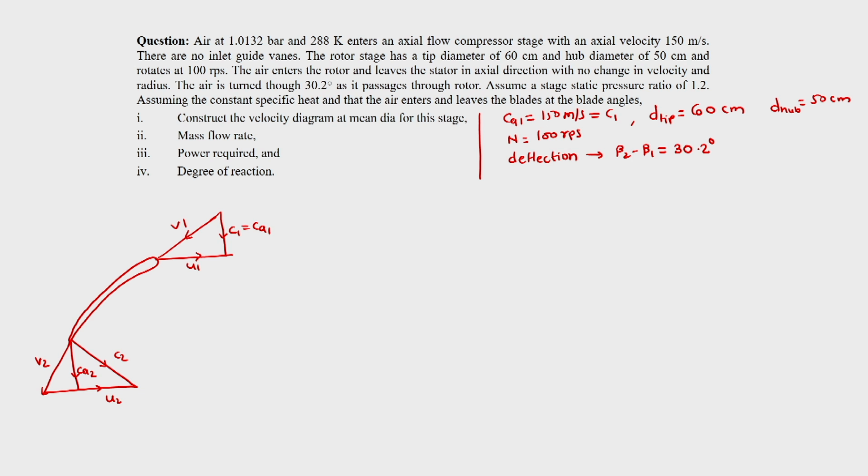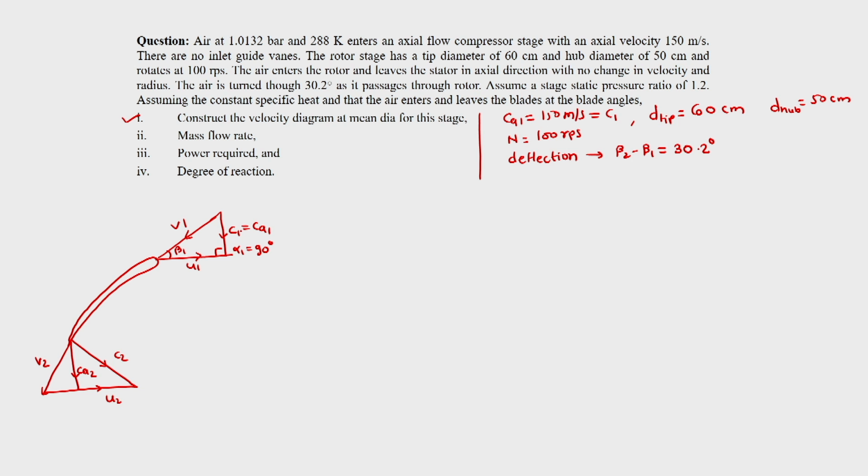Now we have drawn the velocity triangle. We are supposed to find the mass flow rate, but before that we make the angles. This is beta 1, and alpha 1 is equal to 90 degree. Why did we draw it like this?